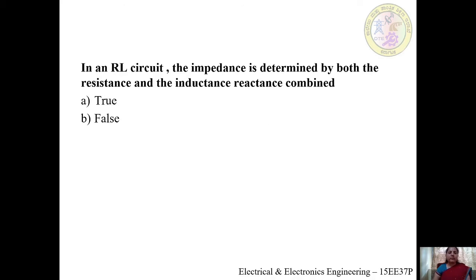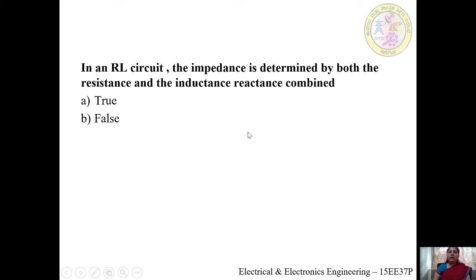So now we'll see the next multiple choice question. In an RL circuit, the impedance is determined by both the resistance and the inductive reactance combined, whether it is true or false.